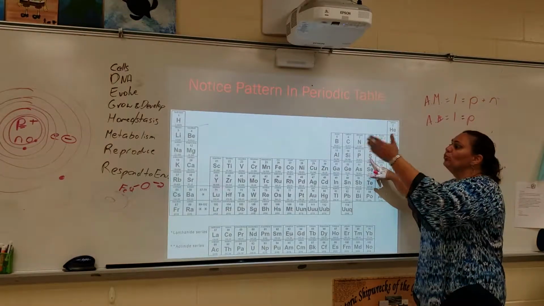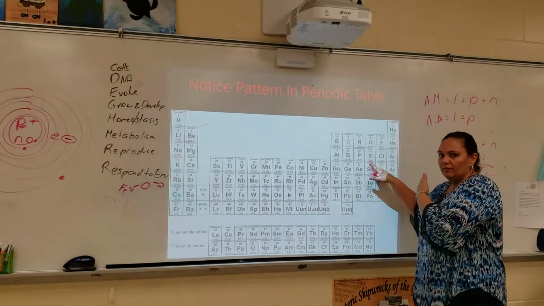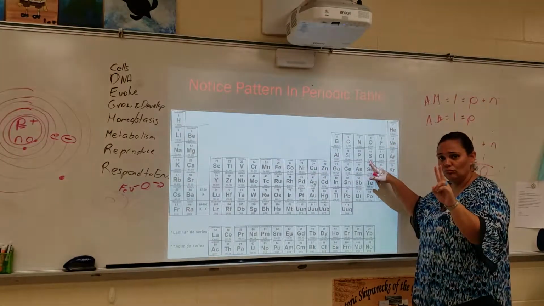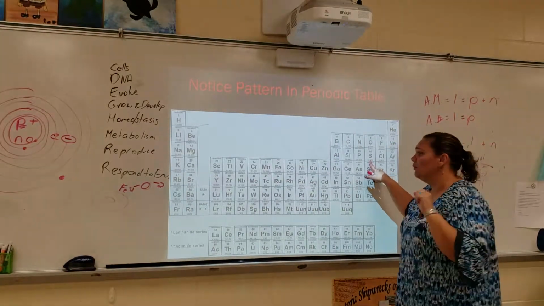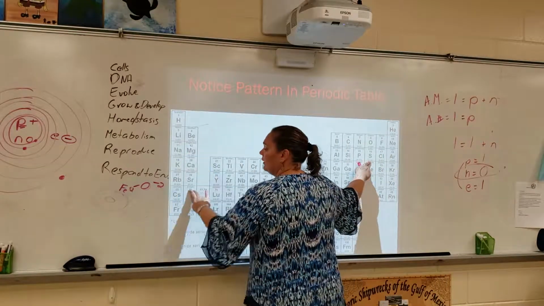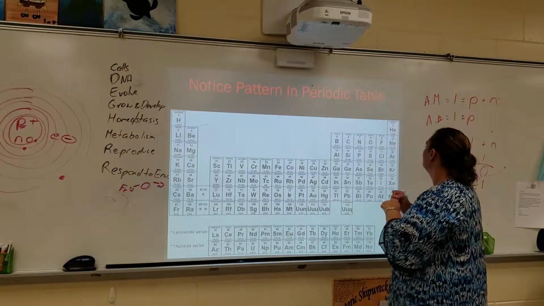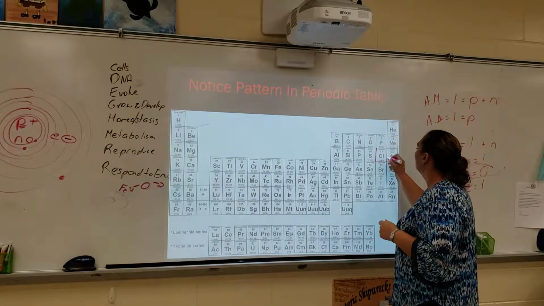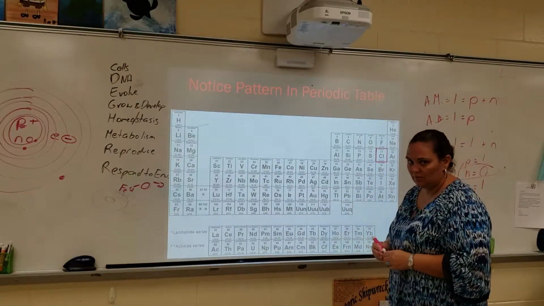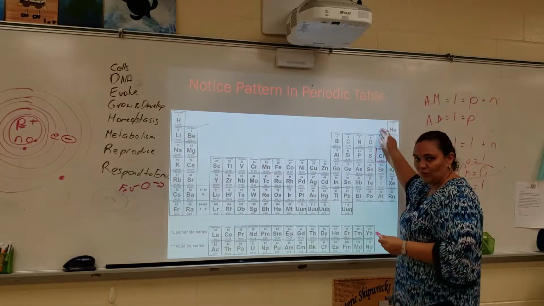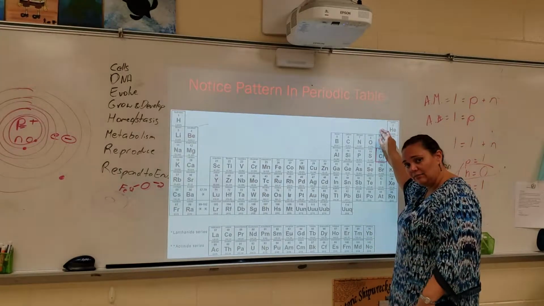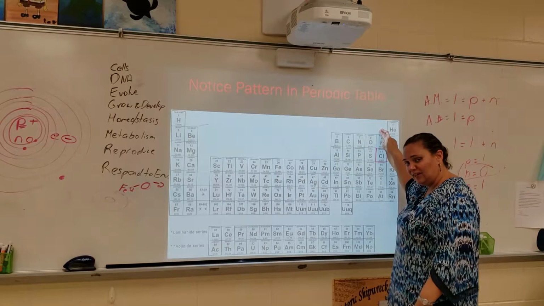So which group is he going to bond with to get 2? He's going to bond with somebody in group 2, right? Let's look at chlorine for a second. Cl. This guy right here. Chlorine is in group 17. So how many valence electrons does it have? He's got 7.